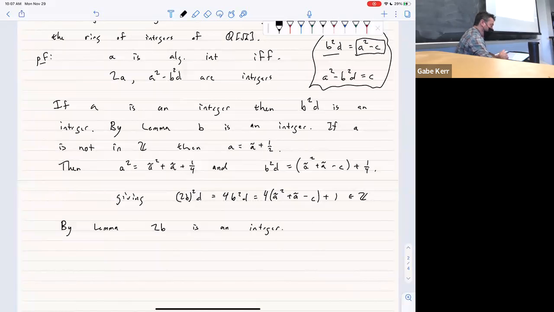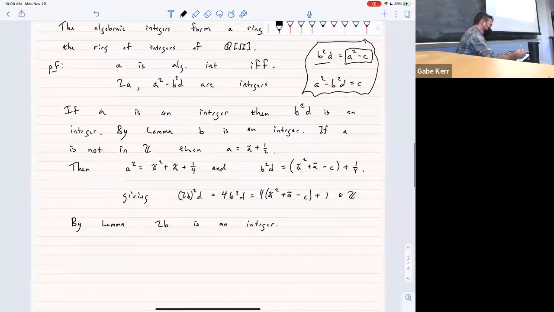Now what we want to conclude is that in order for this case to occur, not only is 2b an integer, but then b itself has to be congruent to 1 mod 4. So b is equal to b tilde over 2.